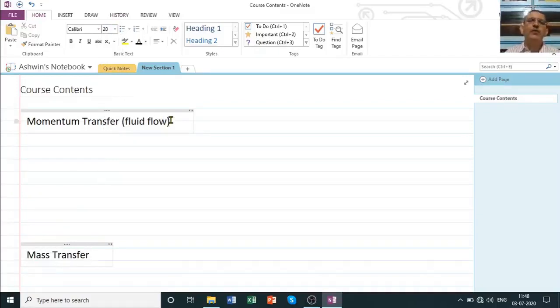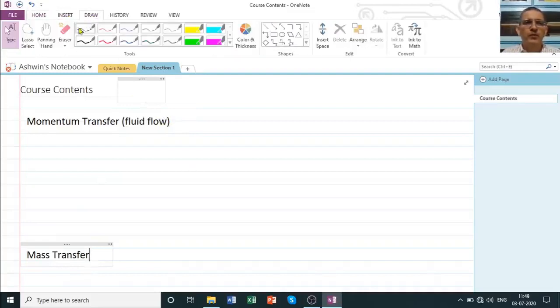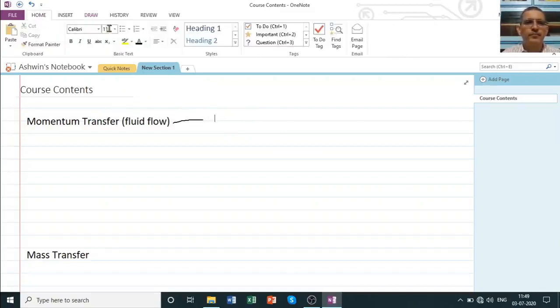When we are dealing with flow of fluids, the first thing that we are going to look at is fluids which are stationary.